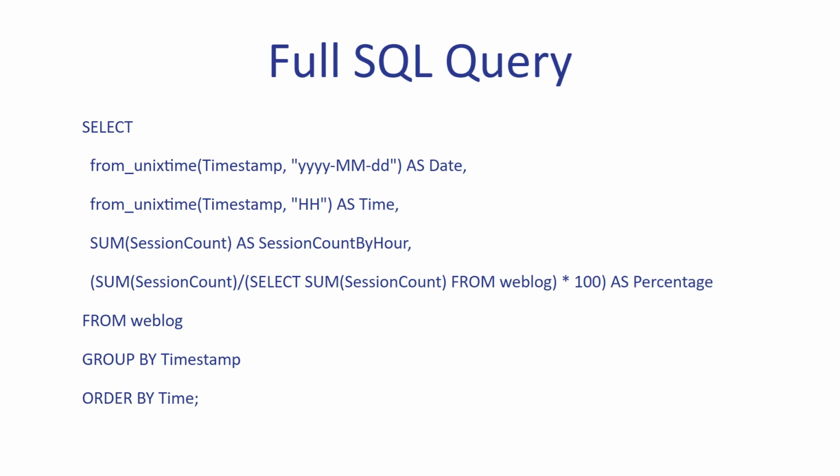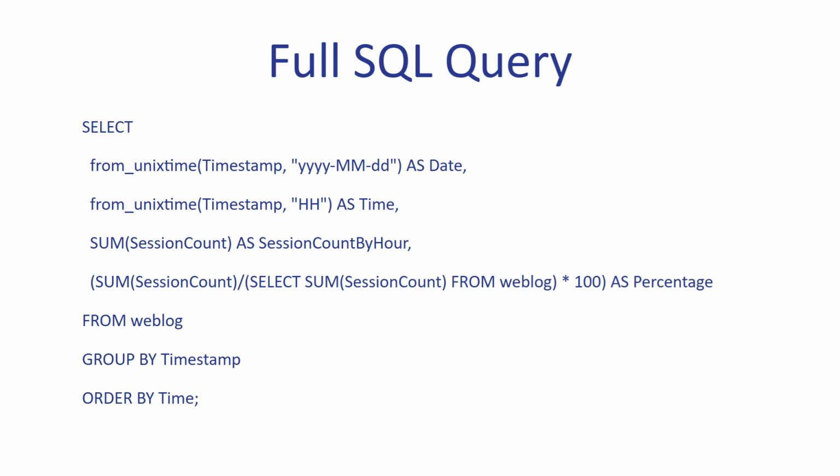Here is a full query to create a clean report with date, hour, session count and percentage, which can be used to generate visualization in Apache Zeppelin. So here you can see we are fetching the date and time, that is the hour at which the session counts were high, and the sum of session count, that is session count by hour, because we have grouped by timestamp and ordered by time.